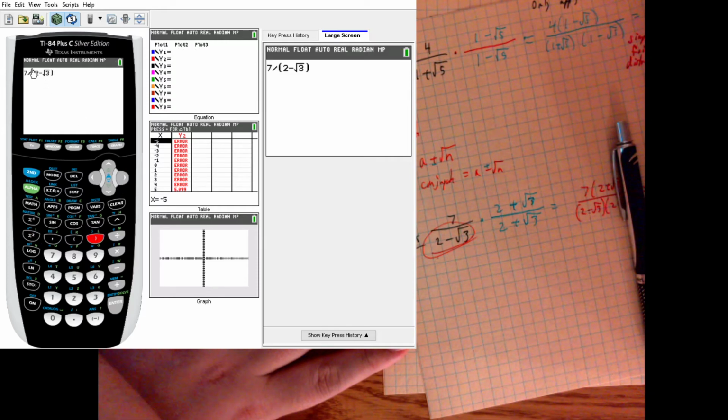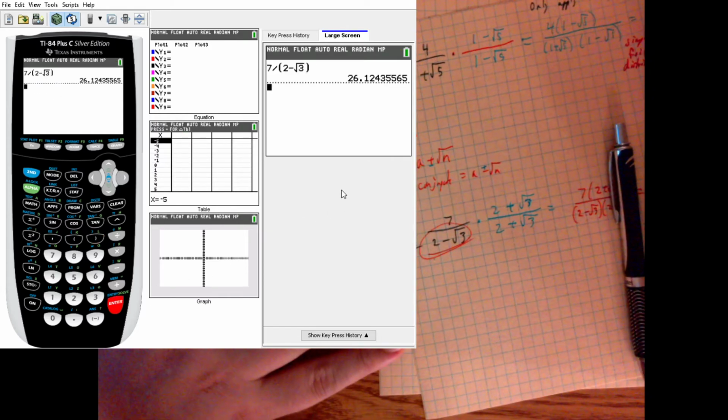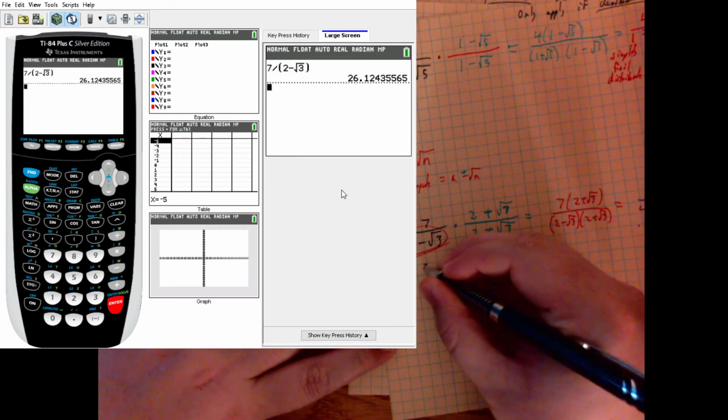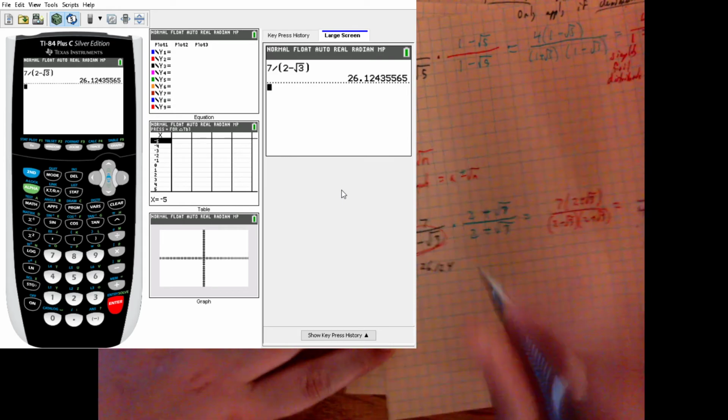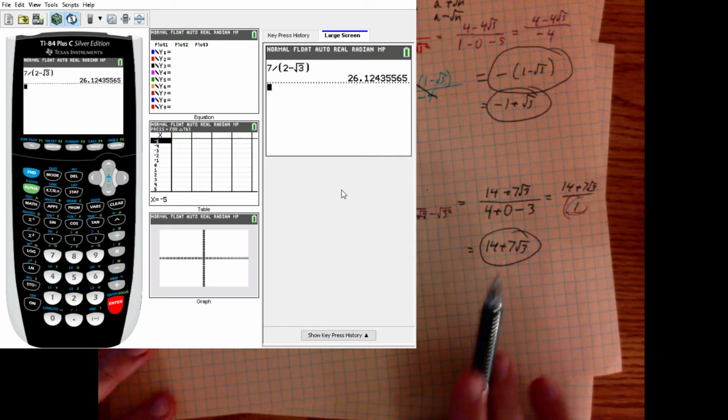Close parentheses. Make sure I typed in correctly. Yep, looks good. It tells us this decimal is 26.124.